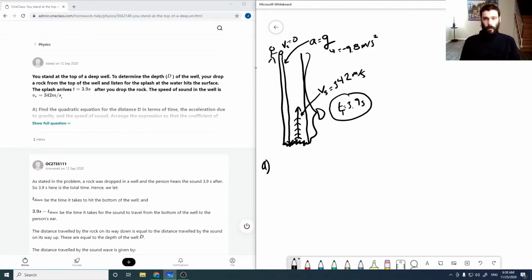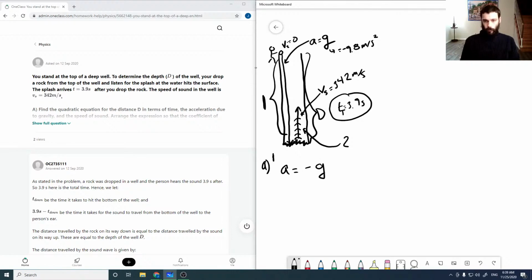Which is how we prefer it anyway. So let's start off. So the acceleration is minus g. So this is for, I'll call it the one leg, and then we'll worry about the two leg afterwards. So the two leg would be the sound leg.